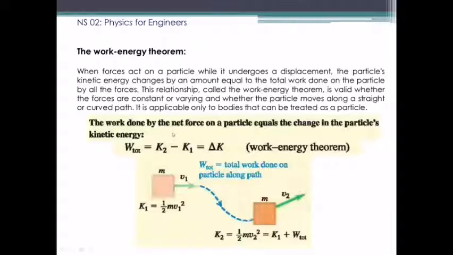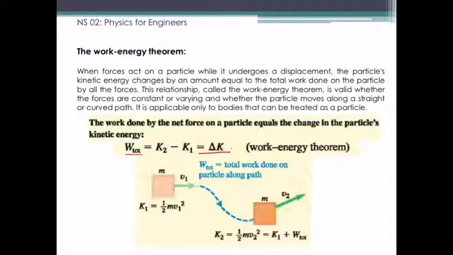So, the work energy theorem. Here is the statement of the work energy theorem. The work done by the net force on a particle equals the change in the particle's kinetic energy. So the total work is equal to the change in the particle's kinetic energy, or delta kinetic energy.